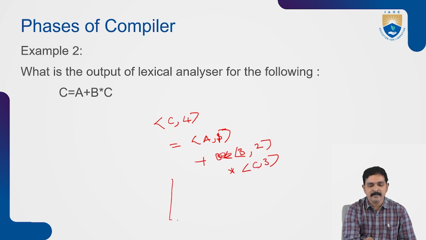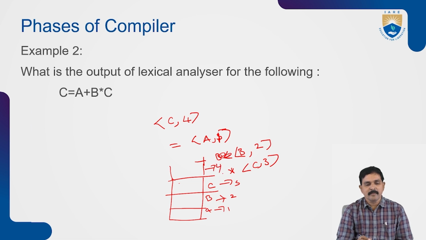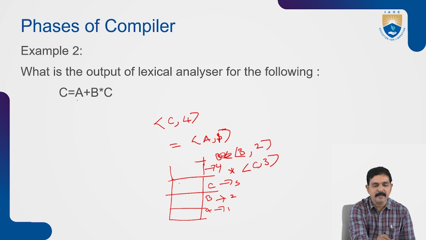So I'm giving the symbol table example here: A, B, C. You see that this entry is 1, this entry is 2, this entry is 3. Again, finally the result of C is another entry, here 4.